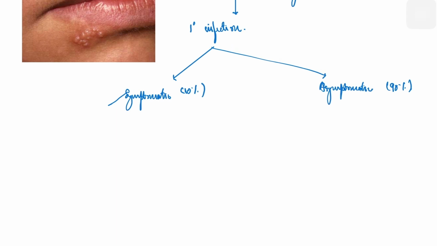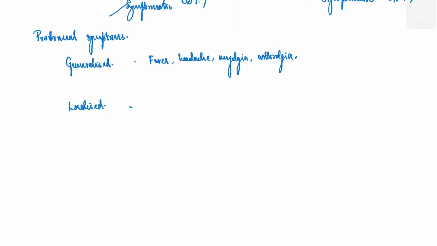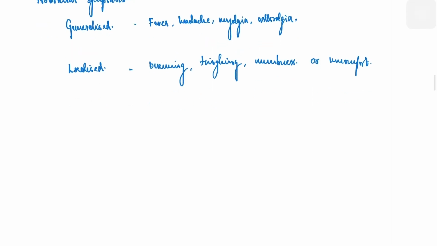So what do these symptomatic patients get? They have prodromal symptoms initially, which can be generalized and localized. Generalized symptoms include fever, headache, myalgia, and arthralgia. The localized prodromal symptoms include burning or tingling sensation, numbness, or some discomfort.